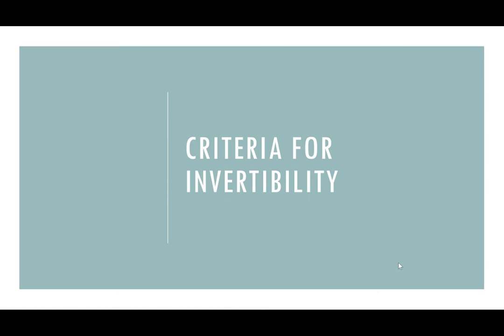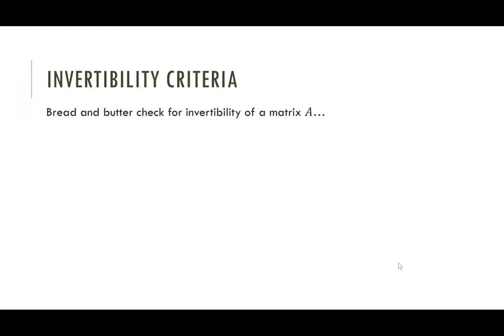Let's use those facts to talk about some criteria for how you can tell, given an n by n matrix, that it's invertible. Well, here is your bread and butter check for invertibility of a matrix: find the reduced row echelon form and make sure that it's the identity matrix.